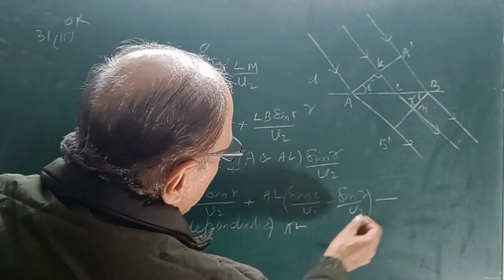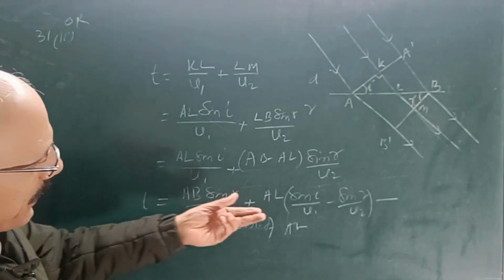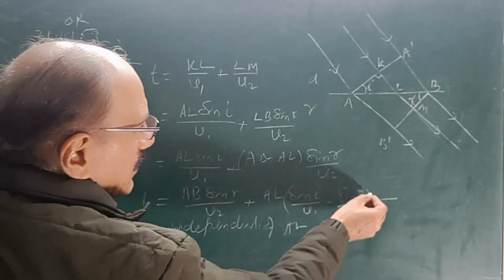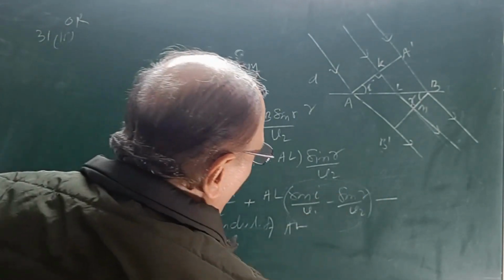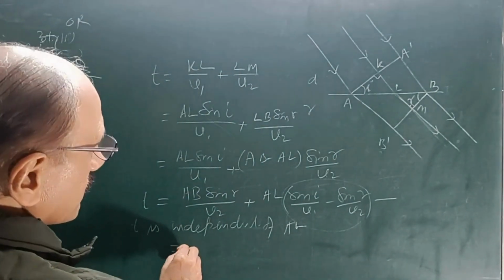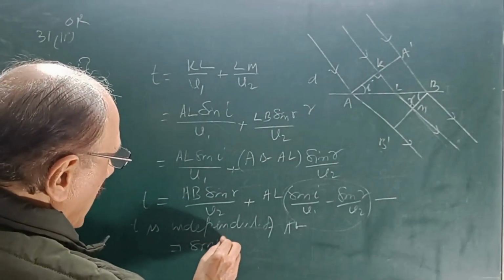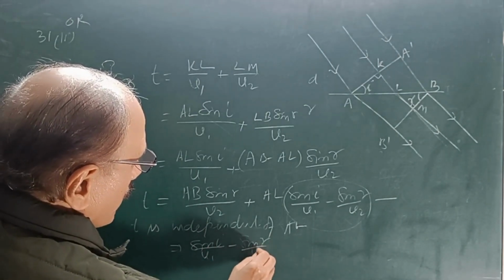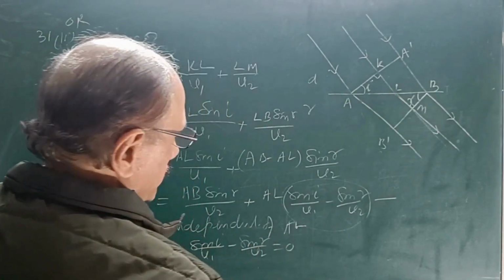But mathematically, this t is depending on this. So it will only be possible when this whole factor becomes 0 always. That means sin I upon V1 minus sin R upon V2 has to be 0.